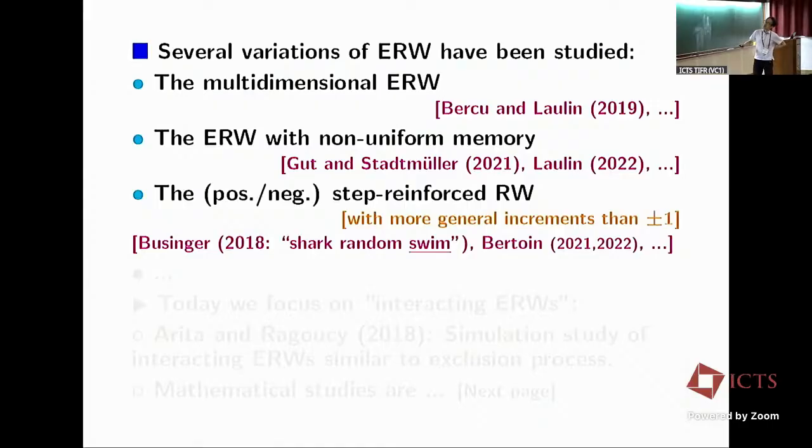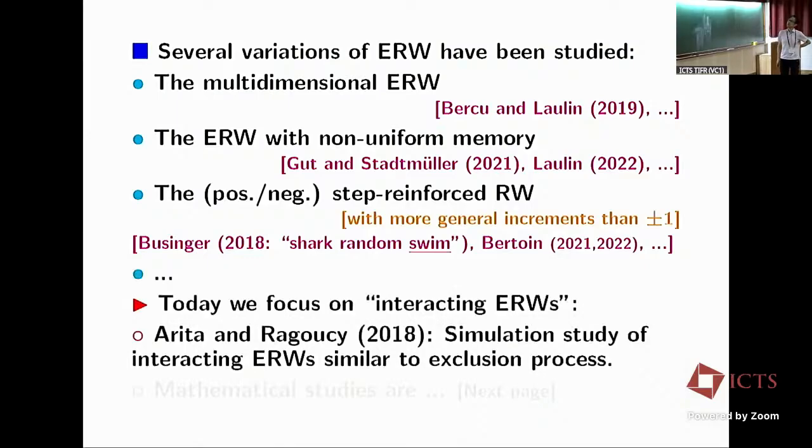There are a few papers on this subject up to now, but one of the earlier papers is by Athreya and Rajat. This is a simulation study of interacting elephant random walks, which is quite similar to exclusion processes. This is a simulation study, and in the next slide, I will explain mathematical studies on this subject.